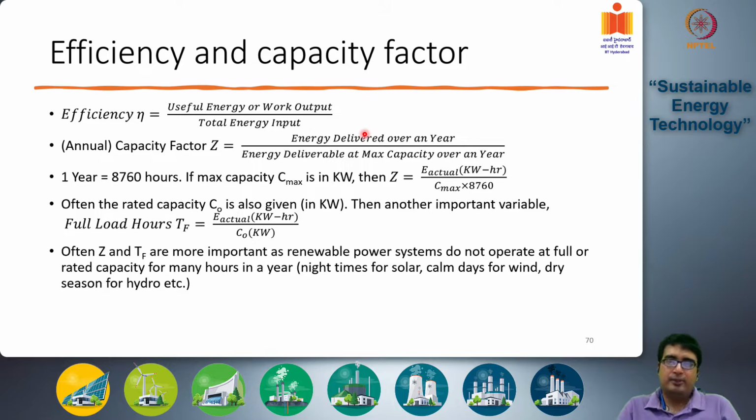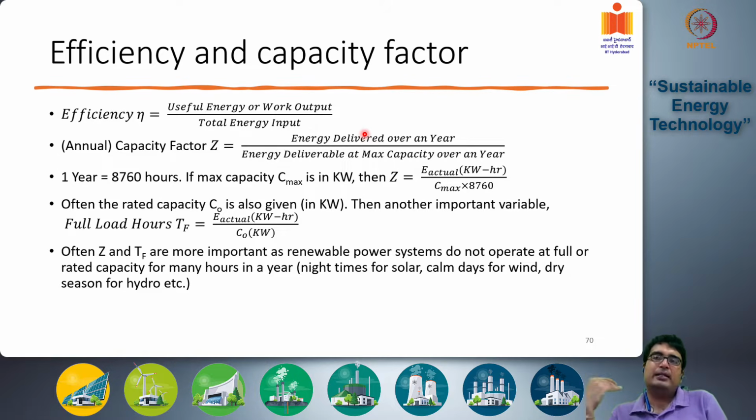This gives us a sense of how much of its maximum capacity is being utilized by a given power plant. Why is it important? As we will see, renewable energy systems often do not work most of the year at maximum possible capacity. Hence, their capacity factors are often less than 1.